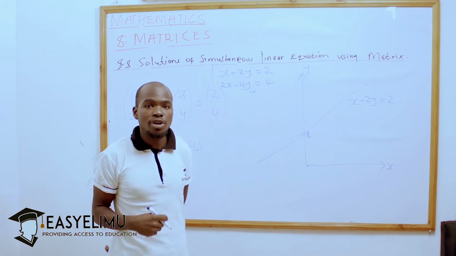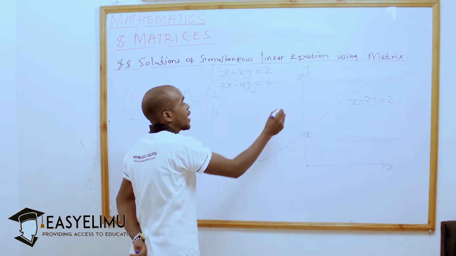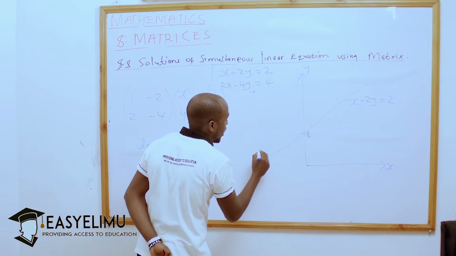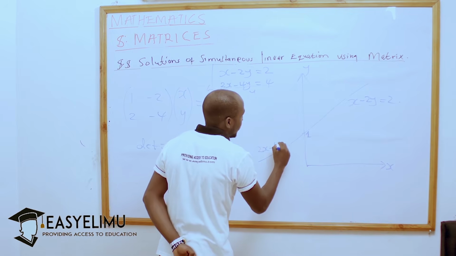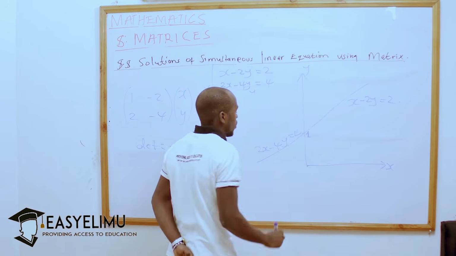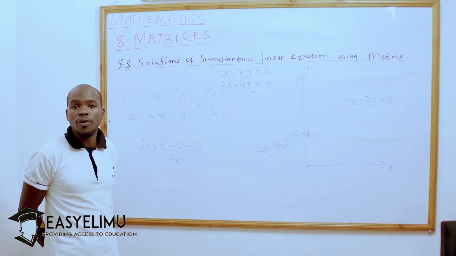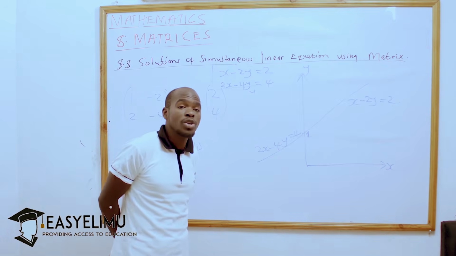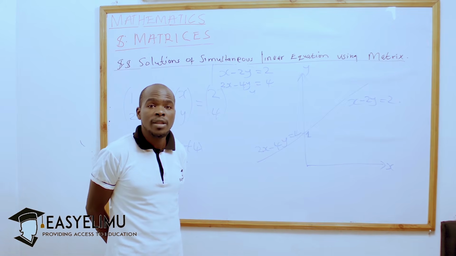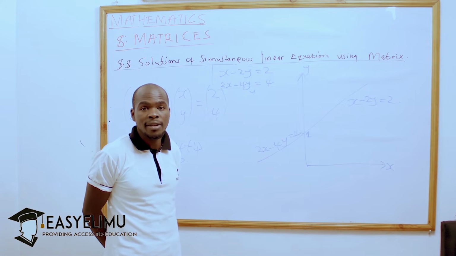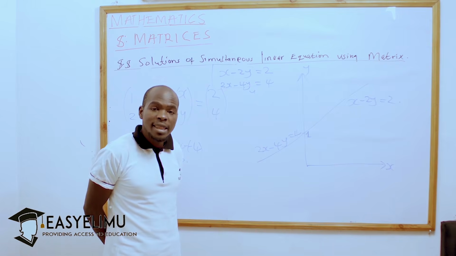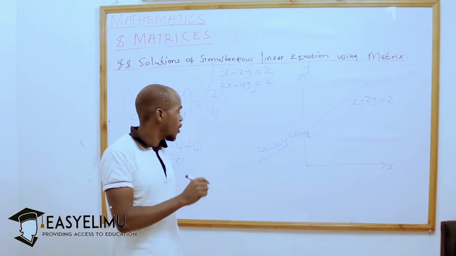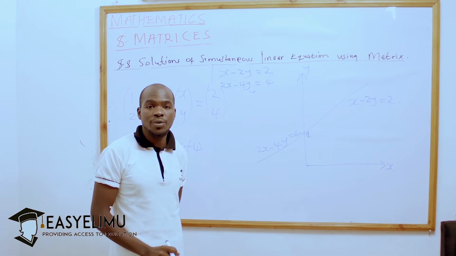If you draw the next equation on a graph, it will still pass through the same points, and it is still 2x minus 4y equals 4, which is still the same. So we can say that the solutions of these equations are infinite. We can't tell because they merge, meaning every point on the line of that equation is a solution of the given two simultaneous equations.